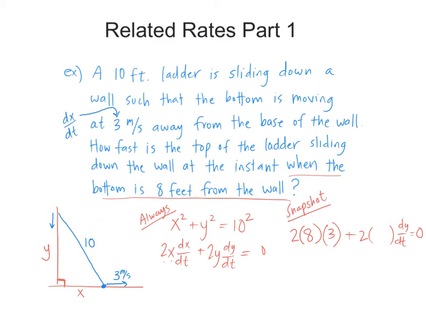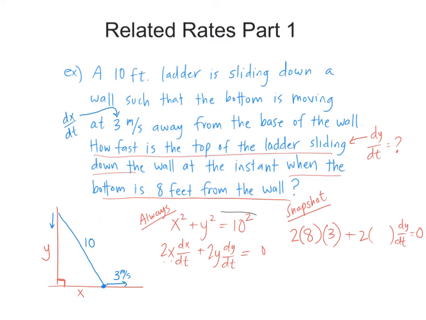Now it looks like I'm missing something because dy/dt is the question. How fast is the top of the ladder sliding down the wall, which is dy/dt. But I'm missing y. I don't know y at this point. Okay, so here's what we do about this. The more complicated these problems get, the more detective work you're going to have to do to fill in all the missing parts. In this case, we want to look to the always true statement to figure out what y is.